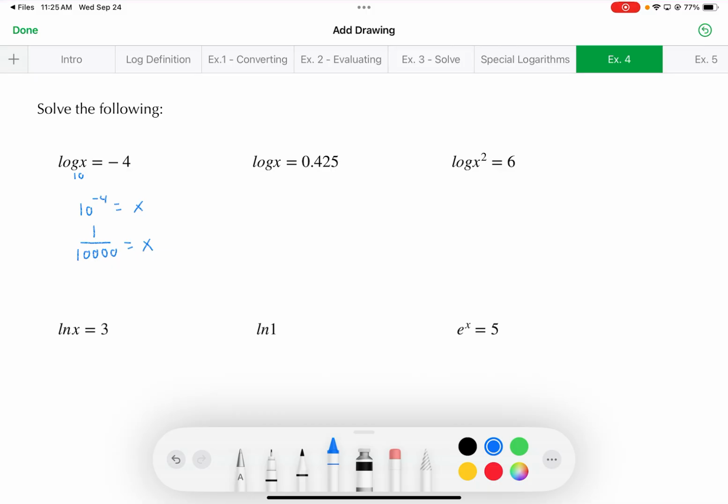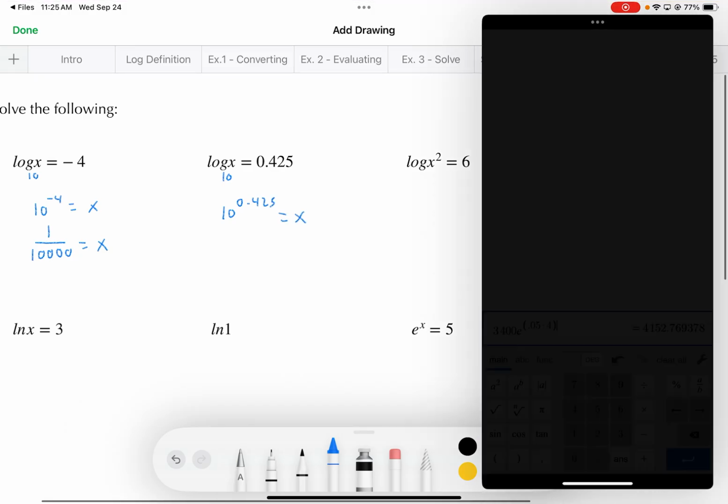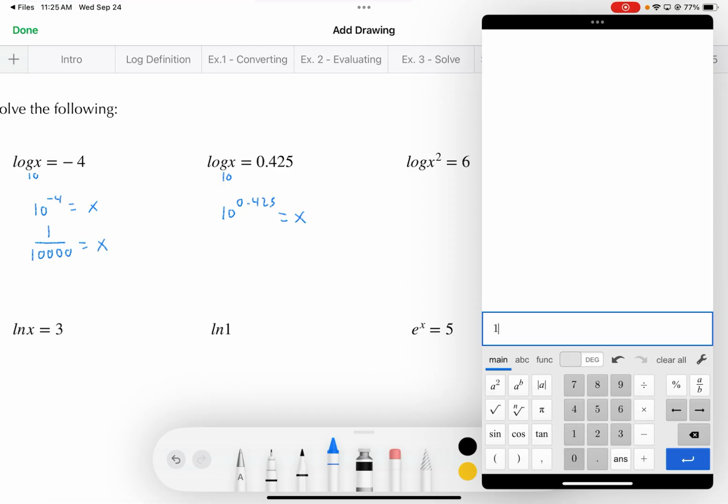Common log of x equals 0.425. So again, the base is 10 there. 10 to the power of 0.425 equals x. Oh, I'm going to need a calculator for that one. Getting roughly 2.6607. So let's approximate, use the approximation symbol there.